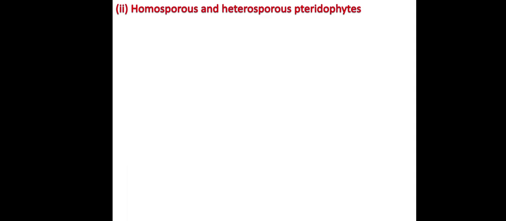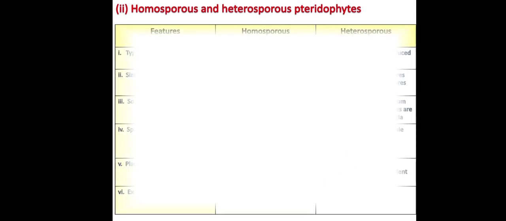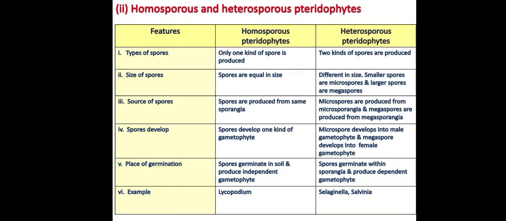Next difference: homosporous and heterosporous pteridophytes. Again make 3 columns. First feature, types of spores. Only one kind of spore is produced for homosporous pteridophytes. Homo means same and hetero means different. For heterosporous pteridophytes, two kinds of spores are produced.